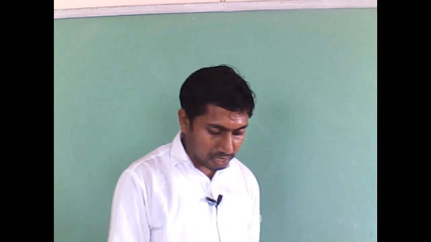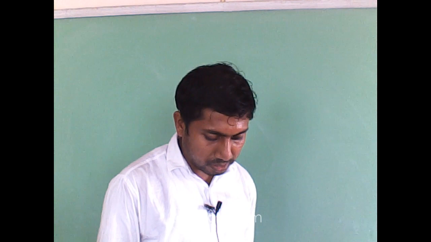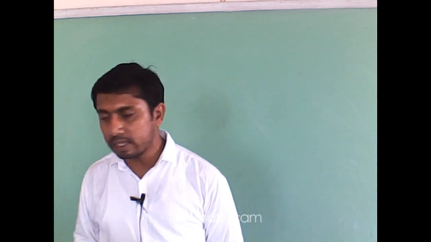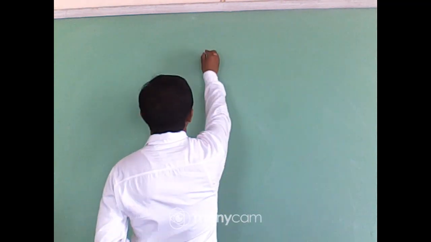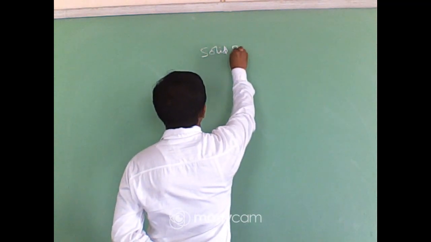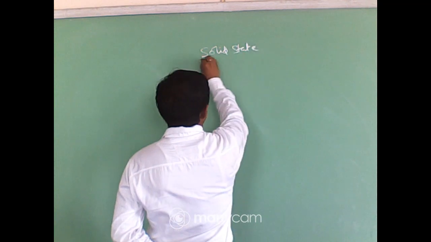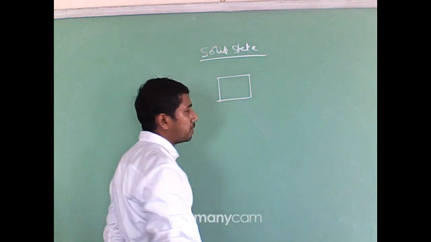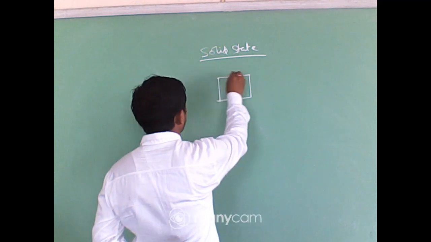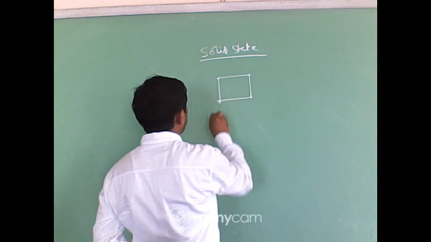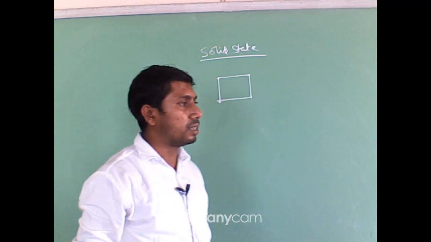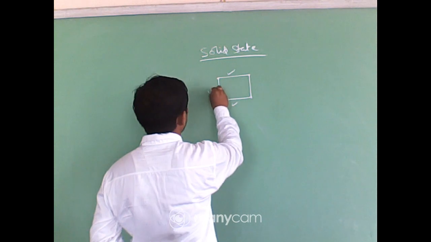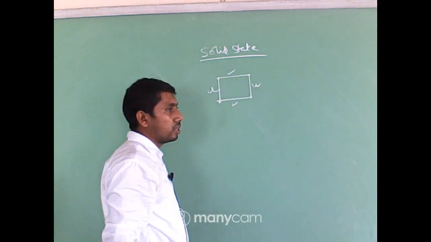I am starting from the first one: definite characteristic geometrical shape. About geometrical shape we have primary knowledge. If it is a rectangle, then the 4 points should be at a distance such that the distance between these two is equal and the distance between these other two points is equal.